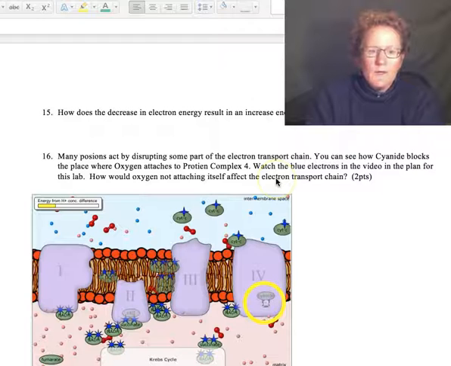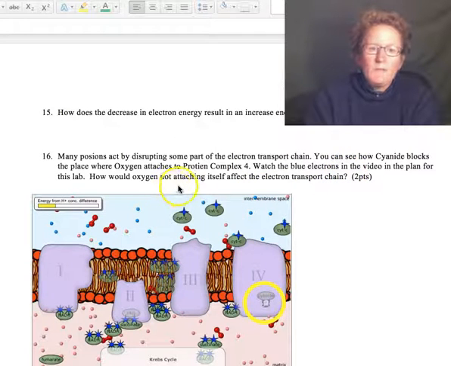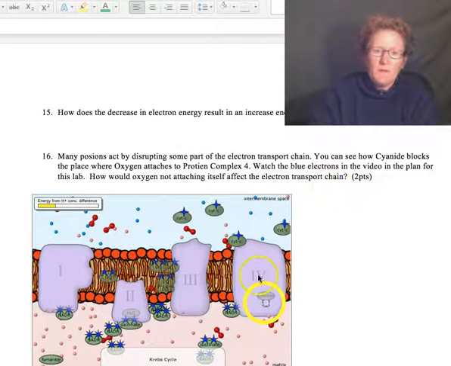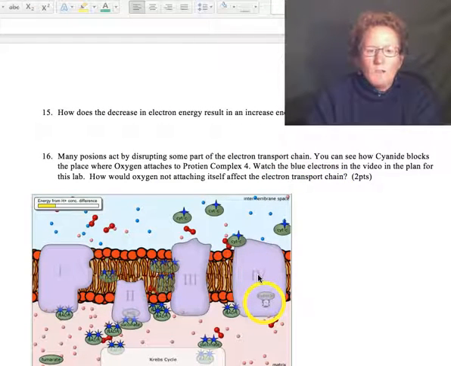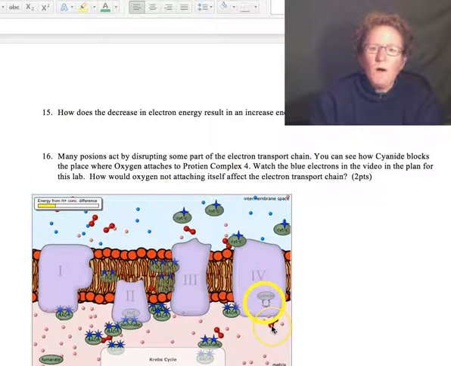So you can see how cyanide blocks the place where oxygen attaches to protein complex 4. If you watch the blue electrons in the lab, how would oxygen not attaching itself affect the electron transport chain? Well, we saw that those low energy molecules get transferred to water.